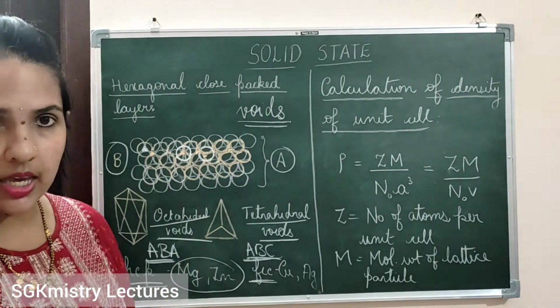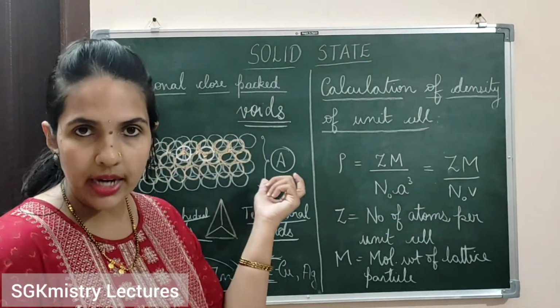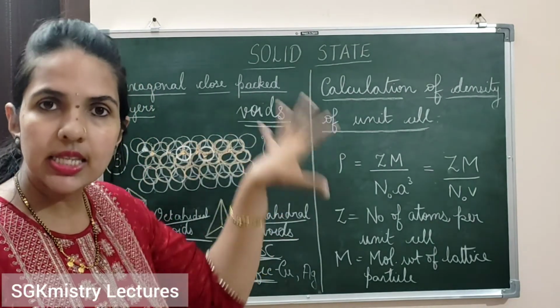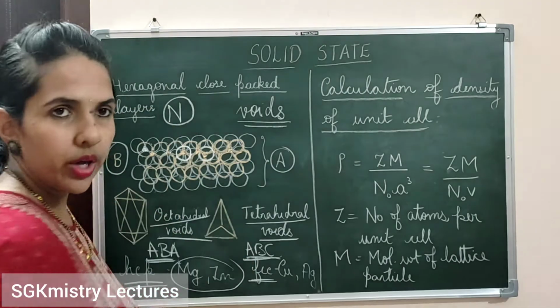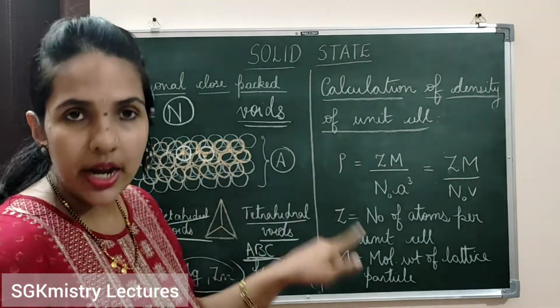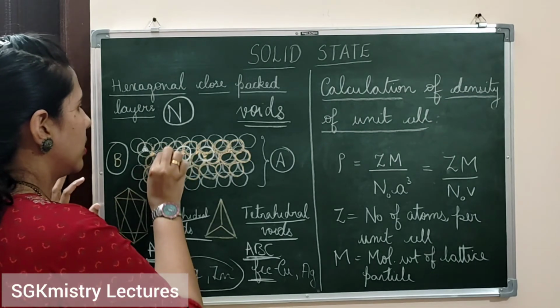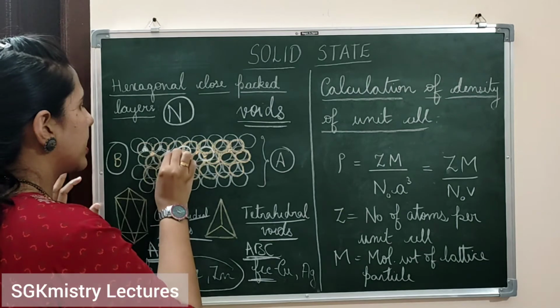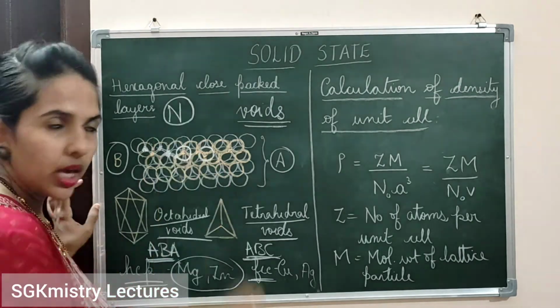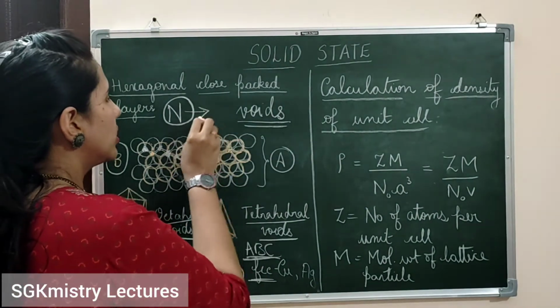You can also see here, if the number of atoms or number of particles that are forming the solid are n, the number of tetrahedral voids, you can see here, for each octahedral void, if this is the octahedral void, there are 2 tetrahedral voids. So for each atom there are 2 tetrahedral voids.